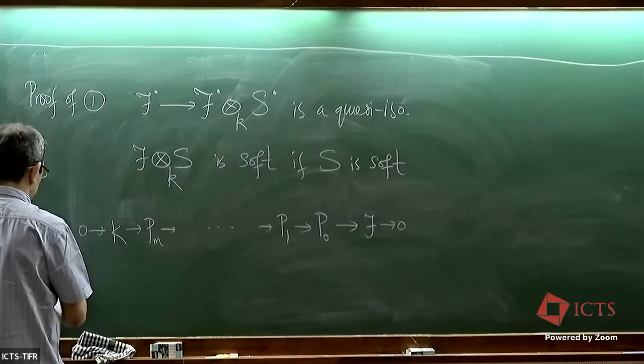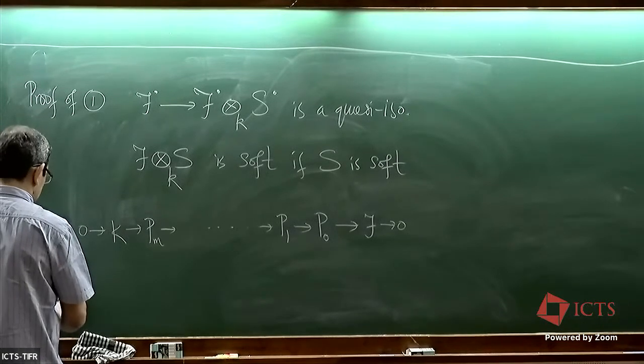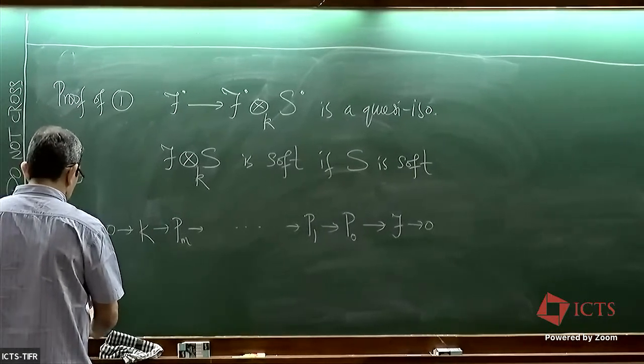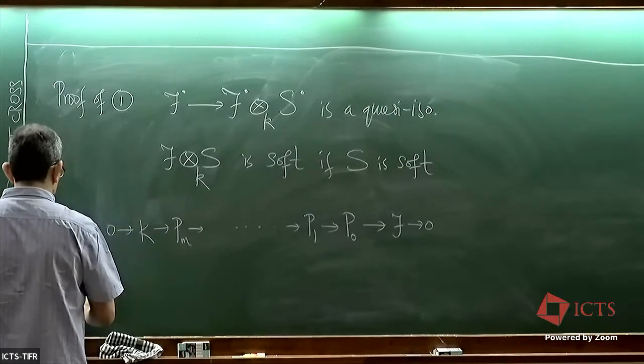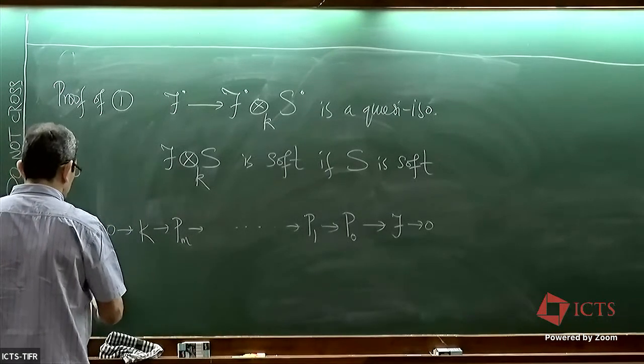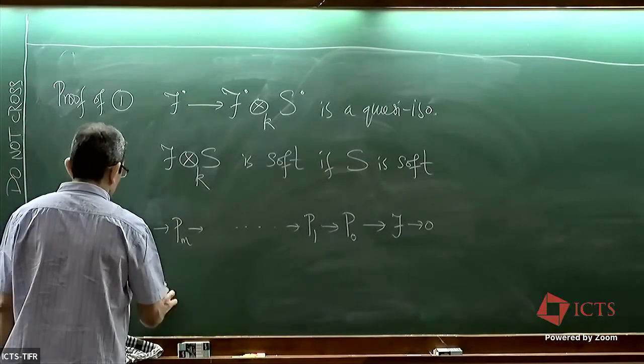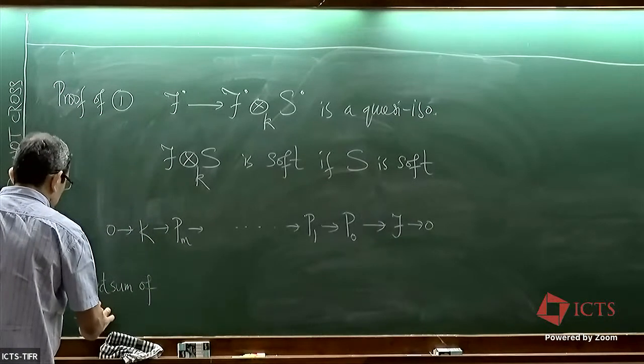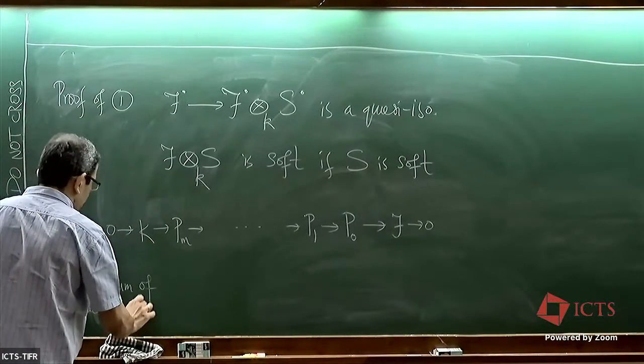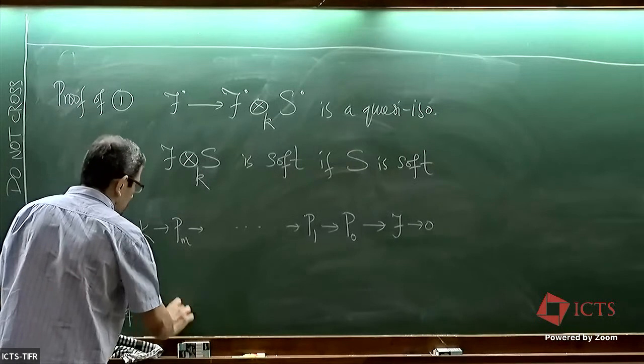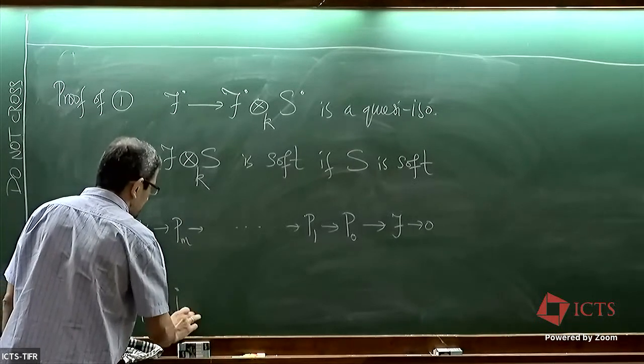These flat sheaves are obtained by extending by zero, and are direct sums of sheaves of type j lower shriek.